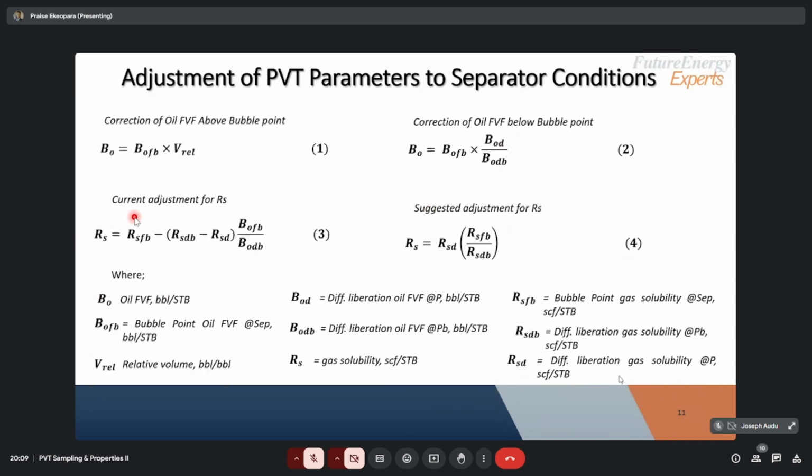Then for RS, you have it this way. This is the one that I think Tarek Ahmed makes use of, and this is the one that McCain suggested, because some of the challenges with this one is that, in as much as it serves the purpose, it can give you some error values, and we know that RS can never be negative.